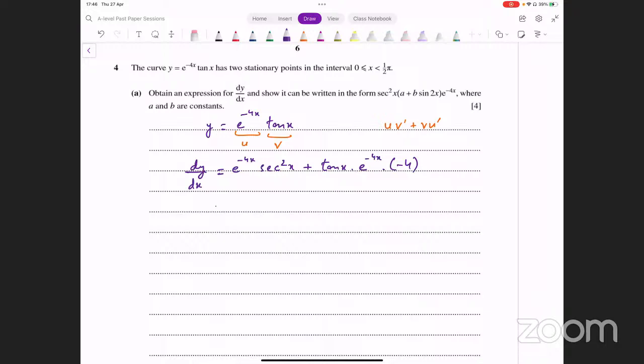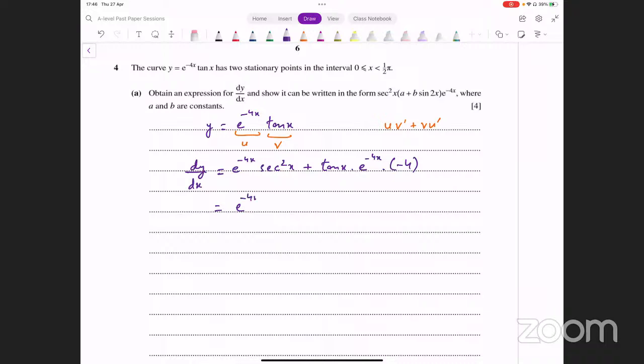ठीक है? Now we simplify this and we have to somehow prove that this becomes this form. Now, how can we do that? We could take e raised to power minus 4x common, right? That has to be outside. So let's take that common first of all. So it simplifies things for us.